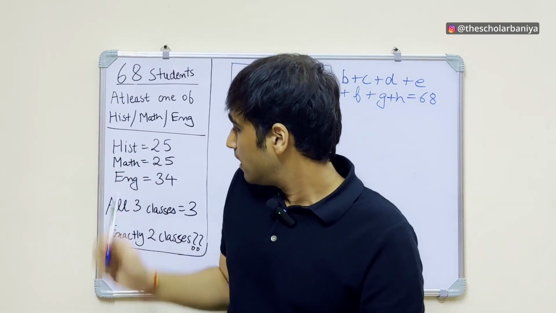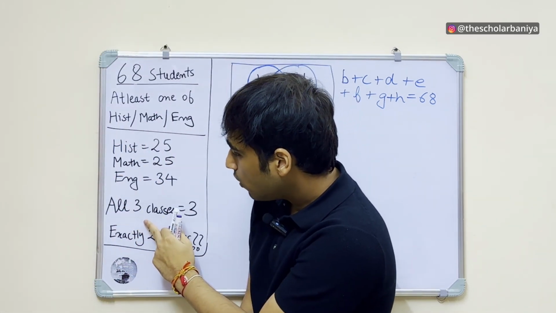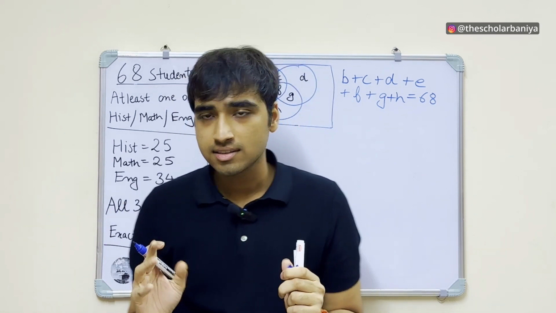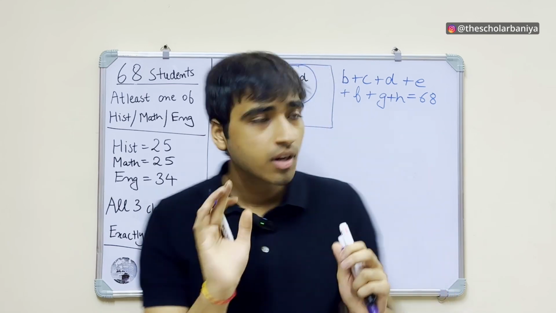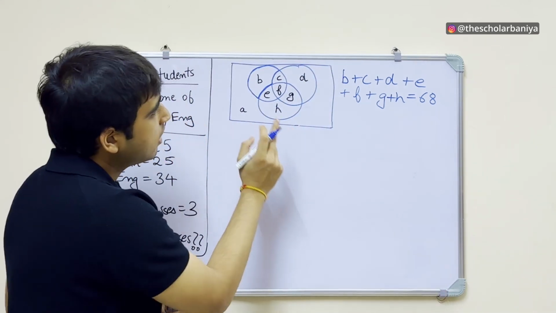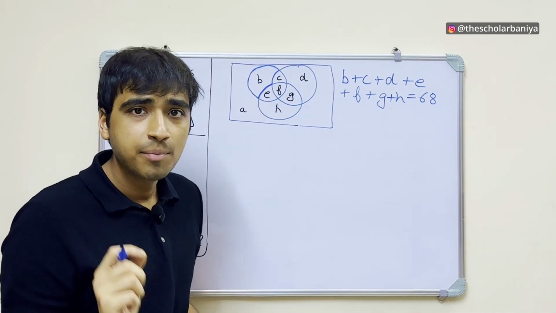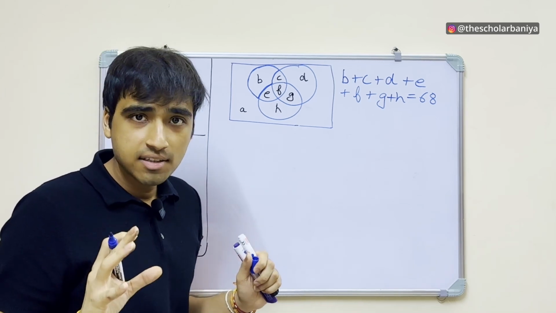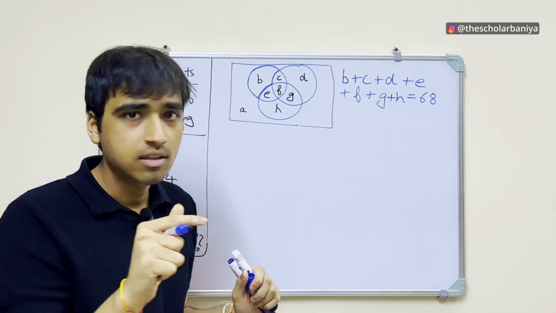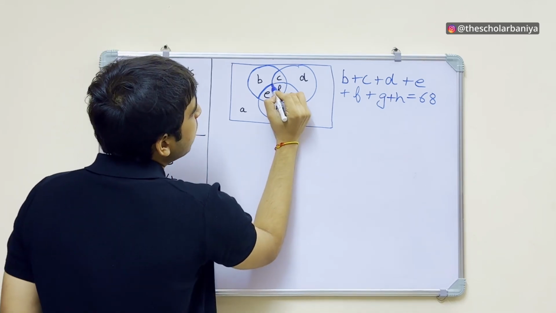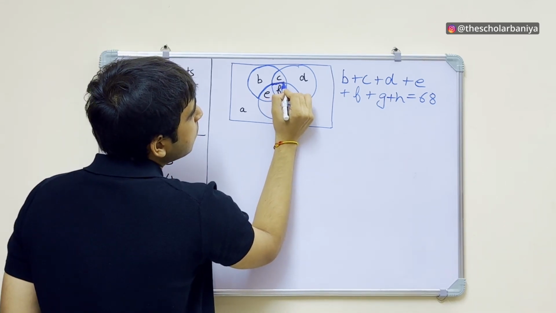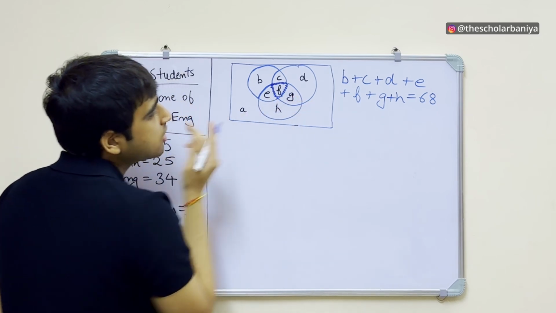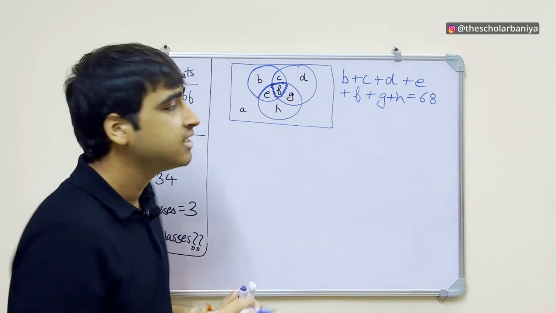Okay. Now, it is given that the number of students who have attended all the 3 classes is 3. Now, tell me one thing. Over here, which variable represents that all 3 classes have been attended? All 3 classes means the intersection of all the 3 circles. So if you see this part, this part is common to all the 3 circles.